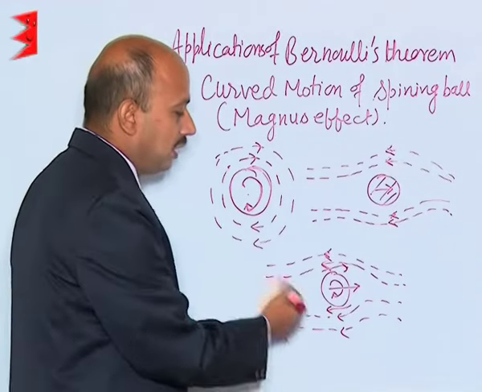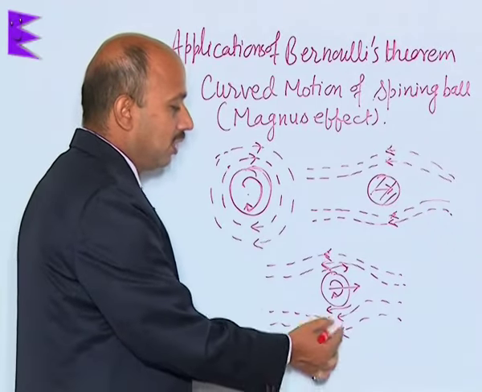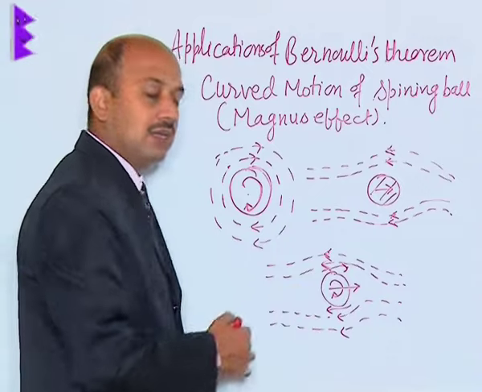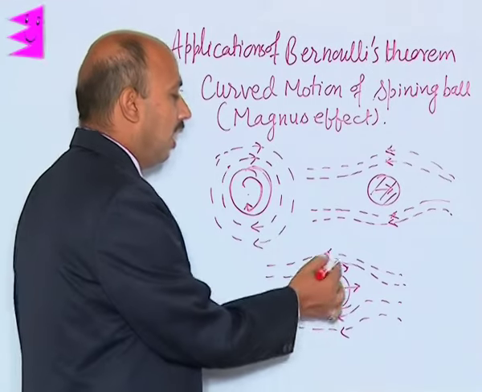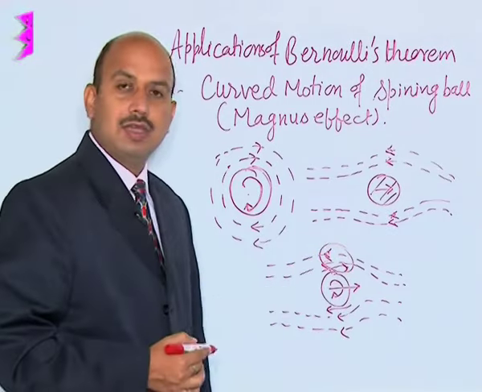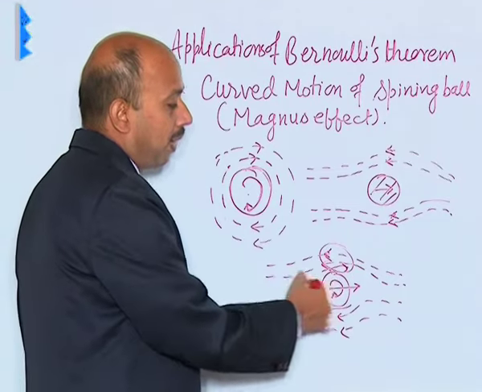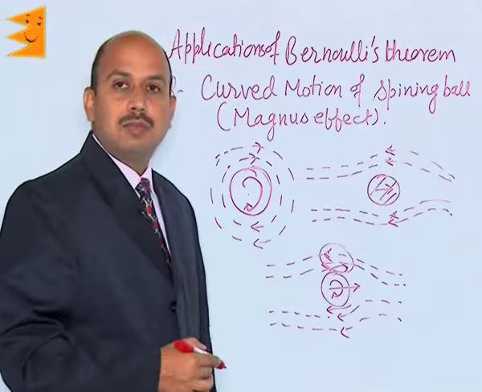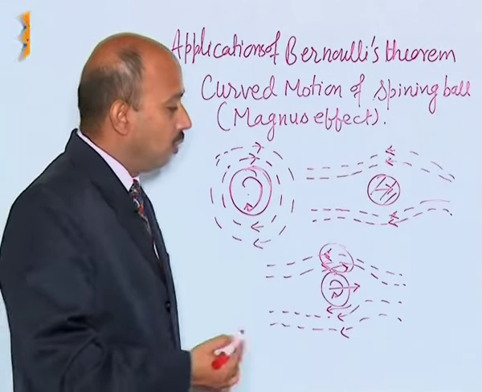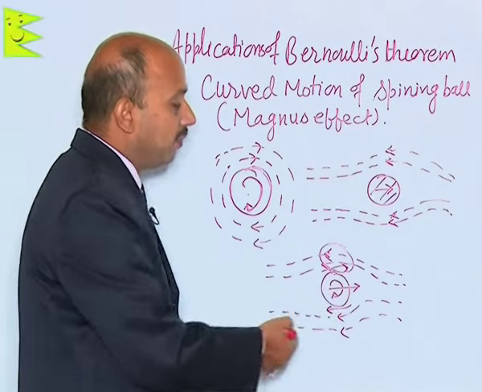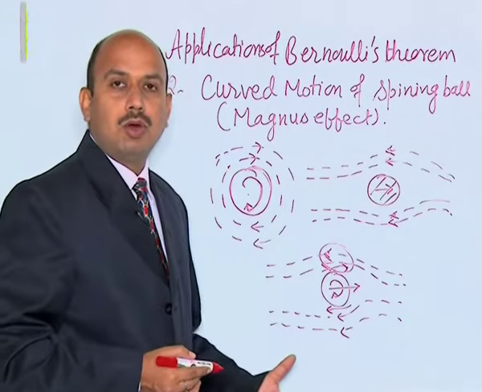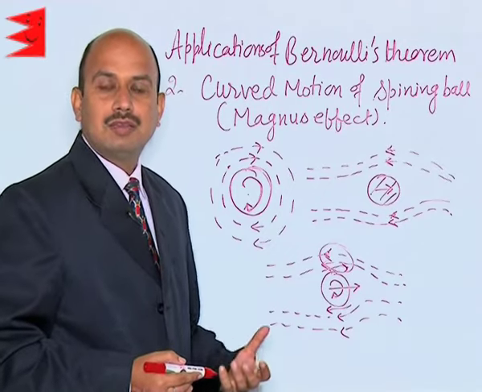When the velocity increases here, the pressure energy reduces because the increase in kinetic energy reduces the pressure energy, and here the pressure energy increases. Because of that, its path, which is actually straight, becomes a curved path. So this dynamic force due to spinning of the ball is known as the Magnus effect.